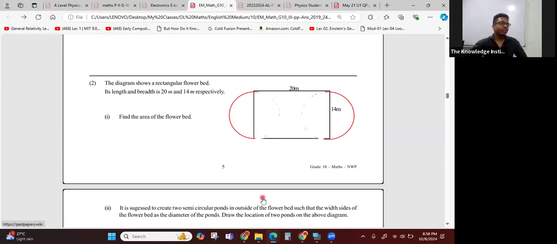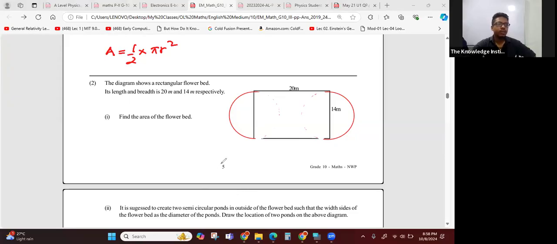Okay, so we want to find these areas. We know the formula to find the area is given by A equals... Now, since this is a semicircle, it's half into pi r squared, right?